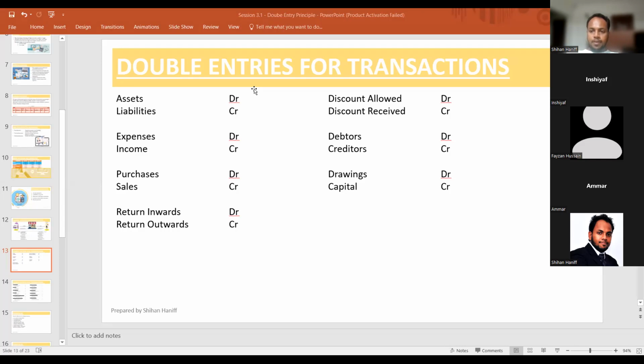Drawings increase is debit. The reason is it's a reduction of capital. If the capital increase is credit, capital decrease will be debit. That is why drawings debit.